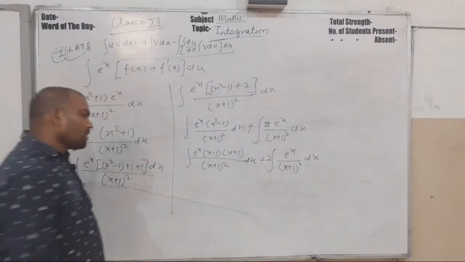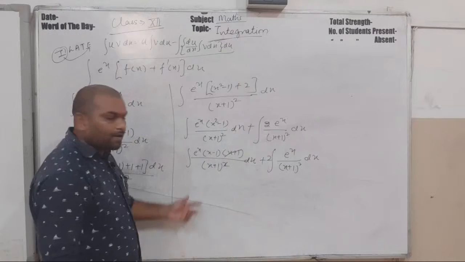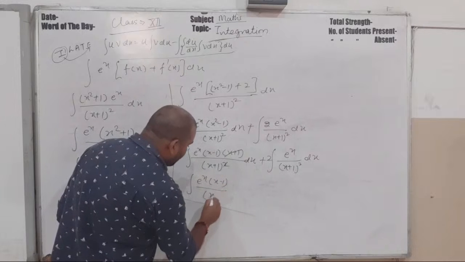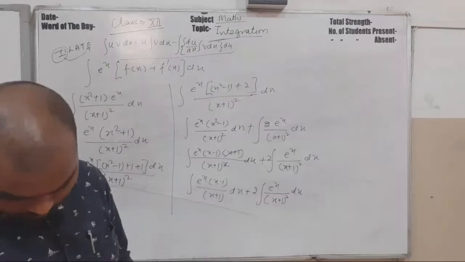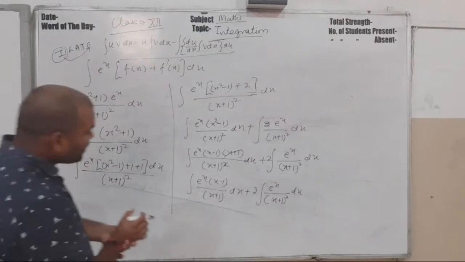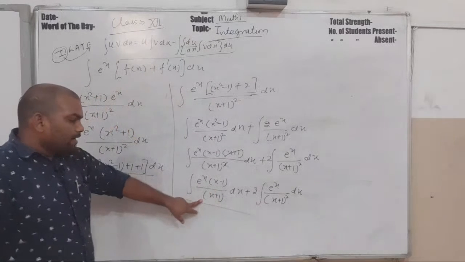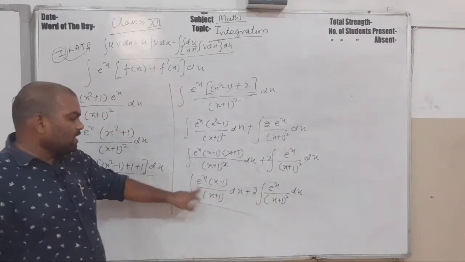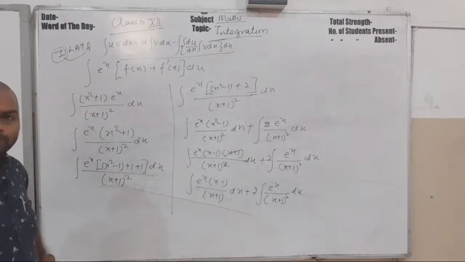Okay, so x plus 1 is cancelled from here, so this becomes e to the power x (x minus 1) upon (x plus 1) dx. This is to be integrated and this will be cancelled. Out of this we need to choose the first and the second function. What can be the first function?